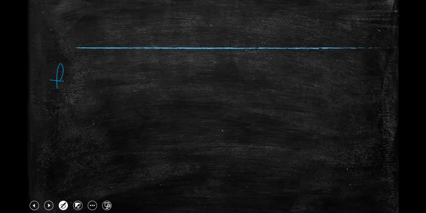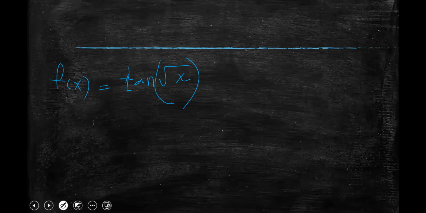If you have now f of x equal tan of square root of x, how will it be differentiated? It will be secant squared of square root of x times x to the power negative half. Why?